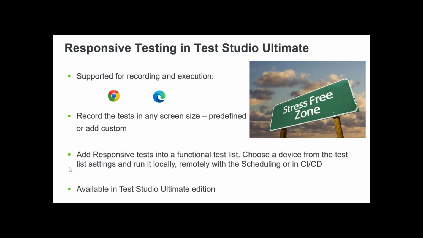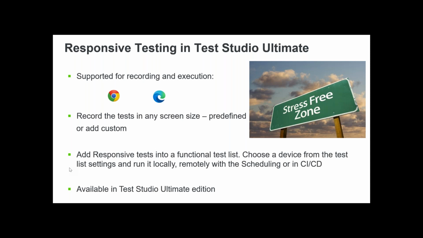How does this live within Test Studio Ultimate Edition? First, we're introducing this new test type, the responsive test type, supported by Chrome and Chromium Edge browsers only for recording and execution of your tests.